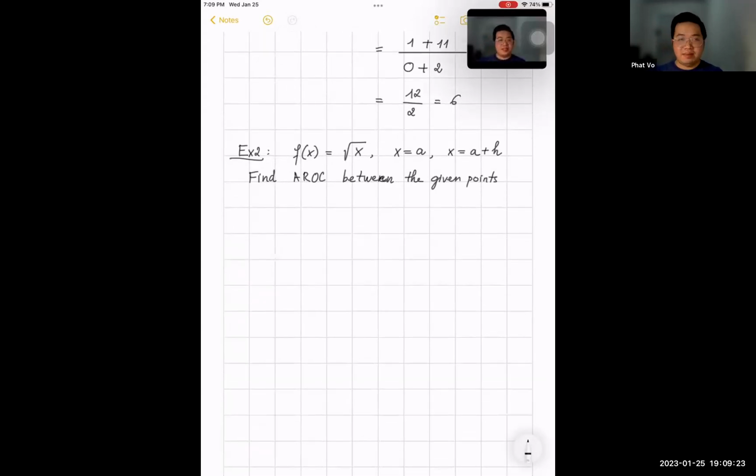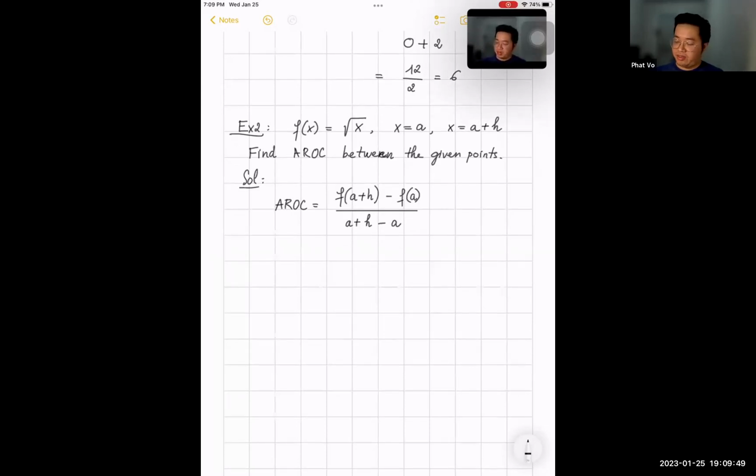Similarly, you do the same as before. First, you need to write the definition here. So it becomes f at the second point minus f at the first point, over the second point minus the first point. Okay.